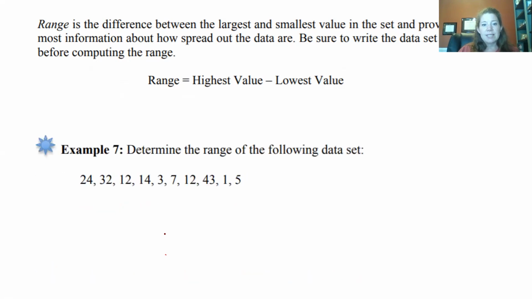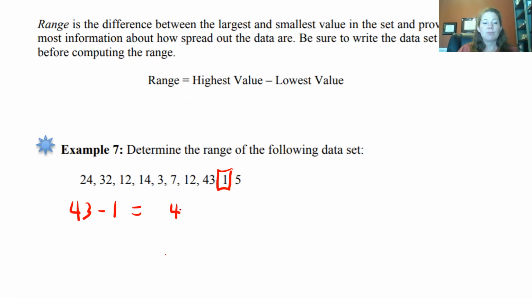So we want to know, what is the difference between the highest value and the lowest value? So if this is ages, and we want to know the range of ages, you have to figure out who is the oldest person in this group. Well, the oldest person in the group is 43. And what's the youngest person in the group? The youngest person is 1. So that's a big range, isn't it? So what is the range of this whole group?